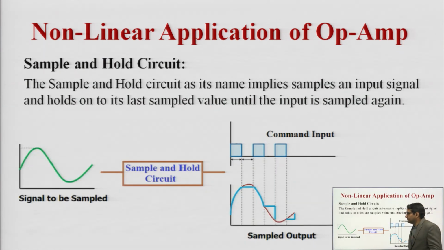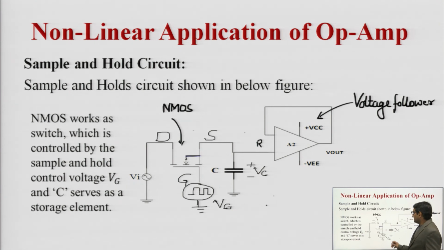Now, next, the sample and hold circuit. As its name implies, the sample and hold circuit samples the input signal and holds the value, and holds its last sample value until the input is sampled again. This is one circuit for sample and hold.